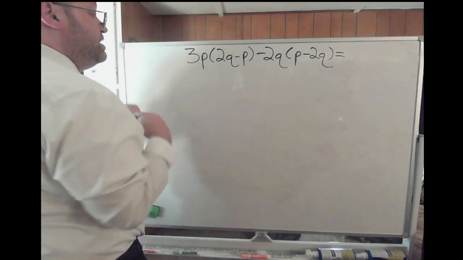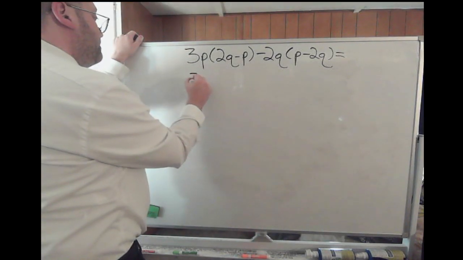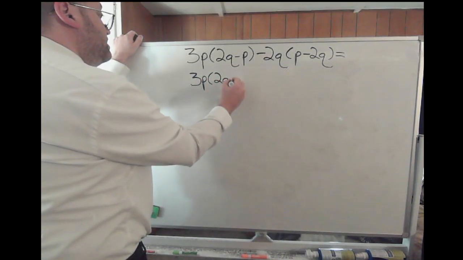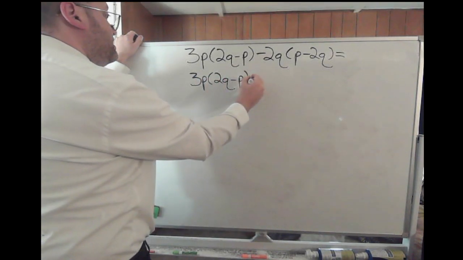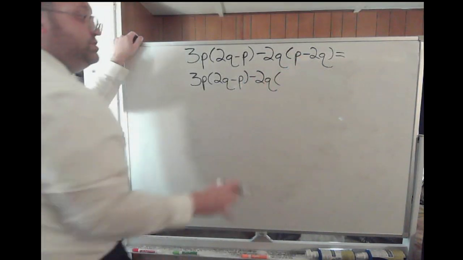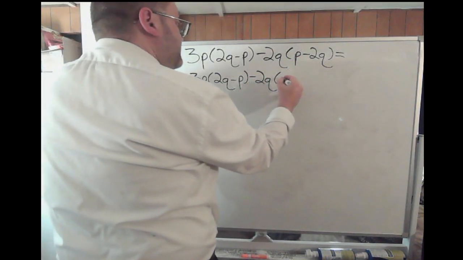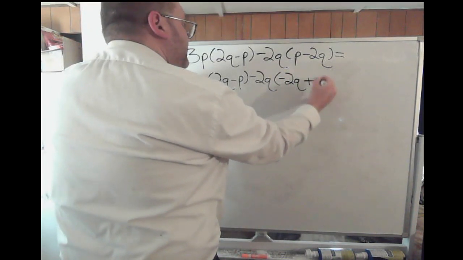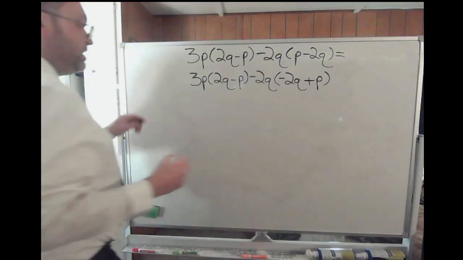So first thing we're going to do is take our 3p times the quantity of 2q minus p minus 2q. We're going to rewrite that p minus 2q by the commutative property of addition. We can make that negative 2q plus p. Alright.